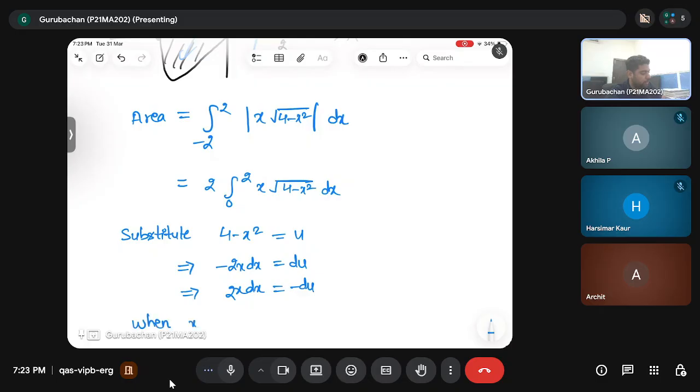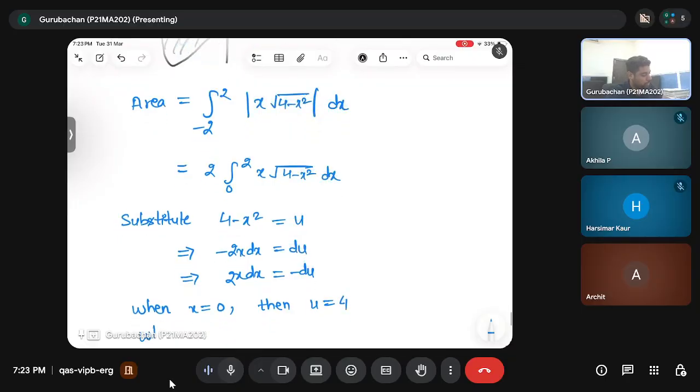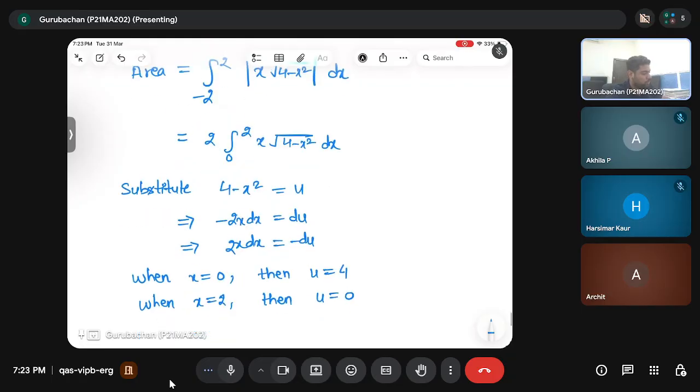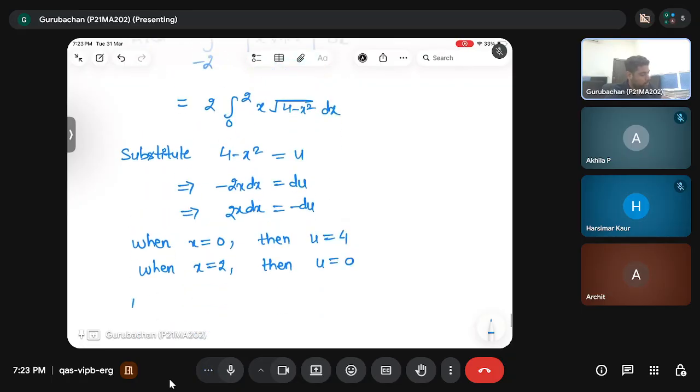When x is equal to 0, then obviously u is equal to 4. When x is equal to 2, then obviously u is equal to 0. Thus area is equal to the integral from 4 to 0 of under root u times minus du. If you observe here, the upper limit is lesser and the lower limit is greater.